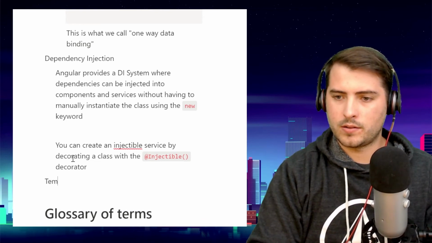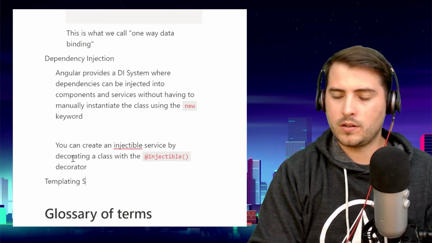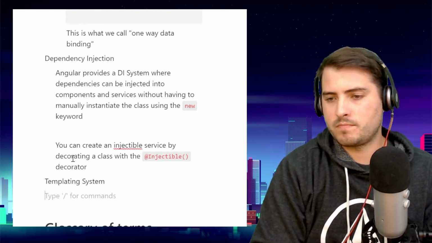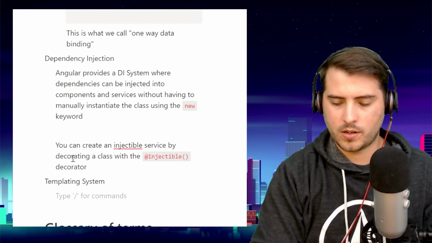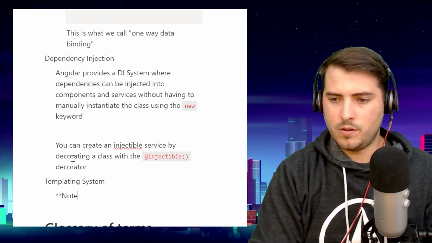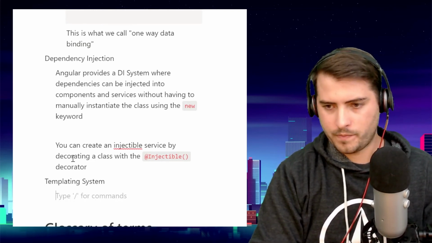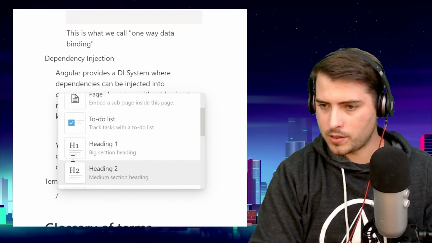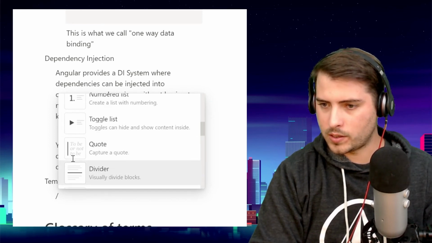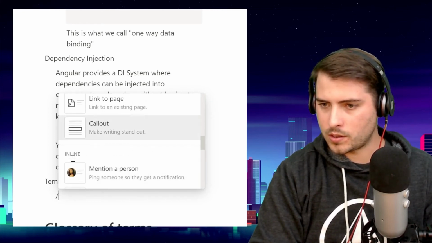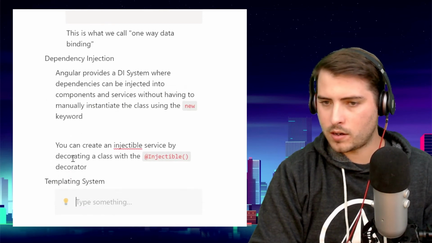So let's go down and take notes on the templating system. Let's just say note. Actually, there's a cool little thing you can do in Notion. Is it a quote? Is it a callout? Yeah, callout. Boom.